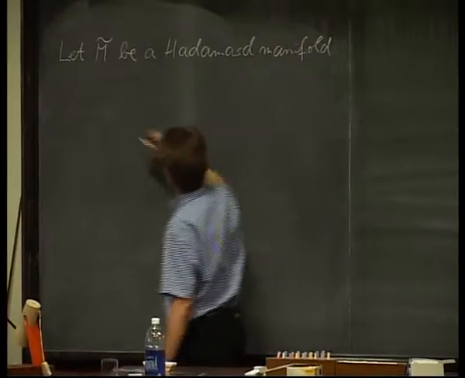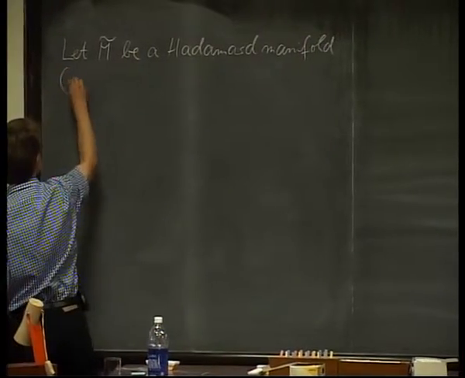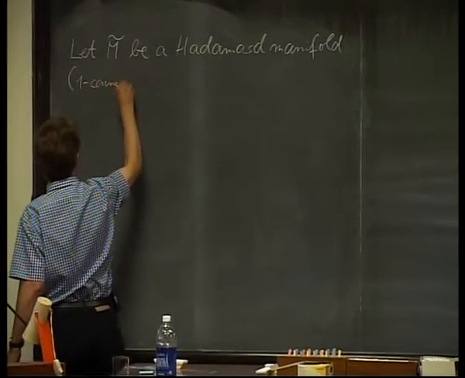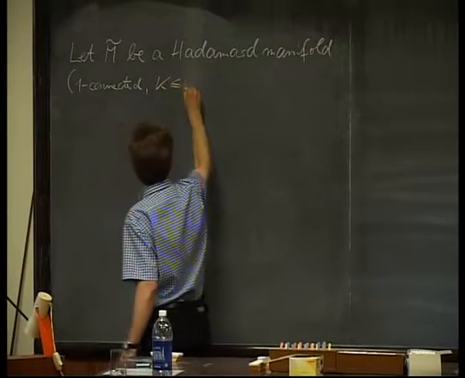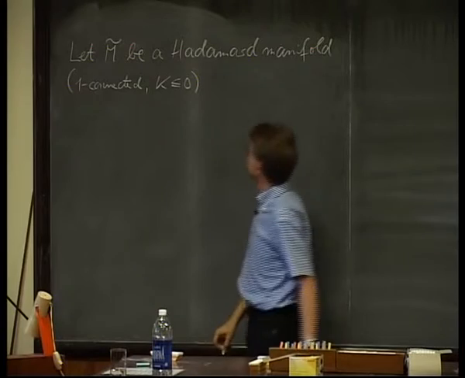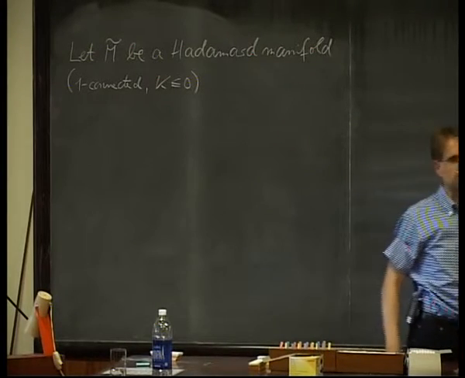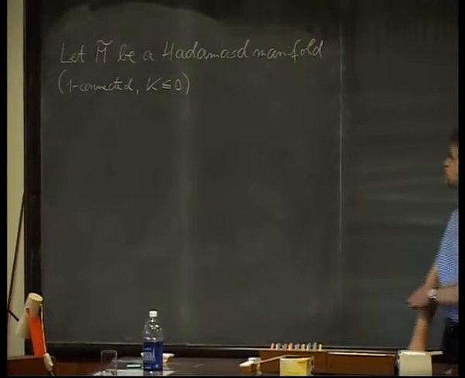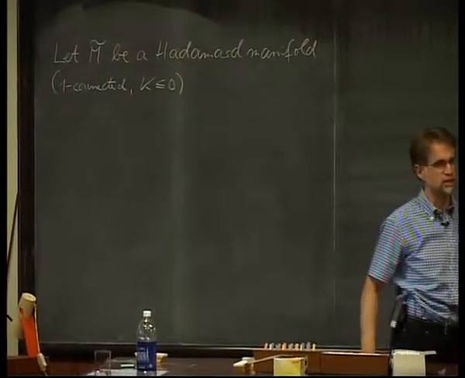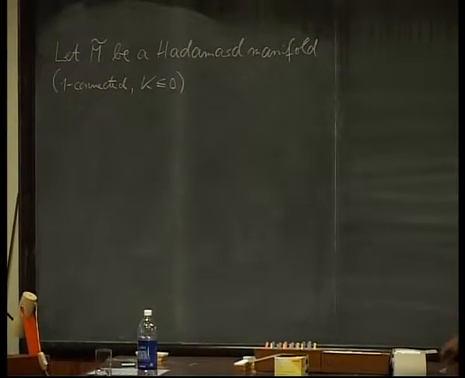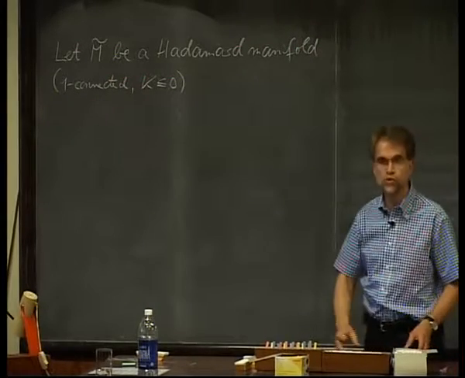So it will be complete and simply connected, of non-positive sectional curvature, and then of course the classical Hadamard-Cartan theorem applies, and we know that M tilde is diffeomorphic to R^n, that any two pairs of points can be uniquely connected by a geodesic, and all such geometric tools are at hand.